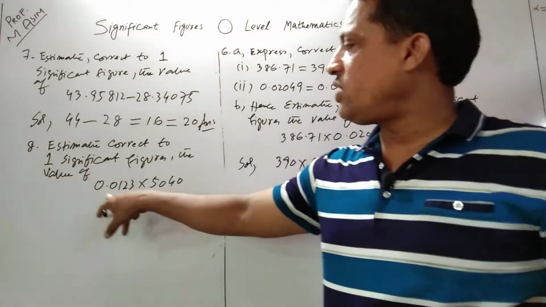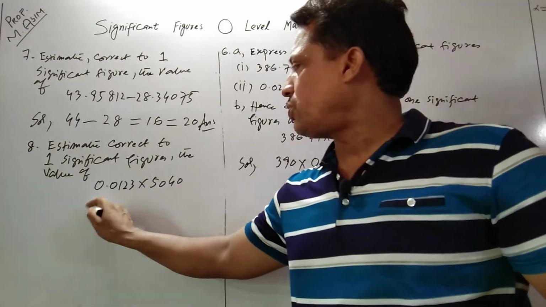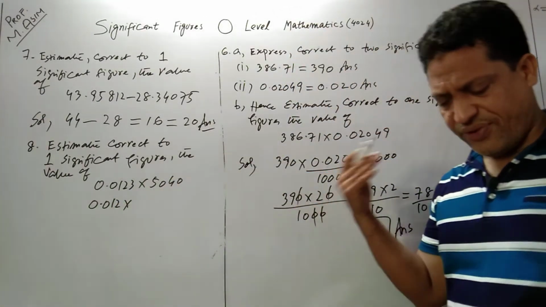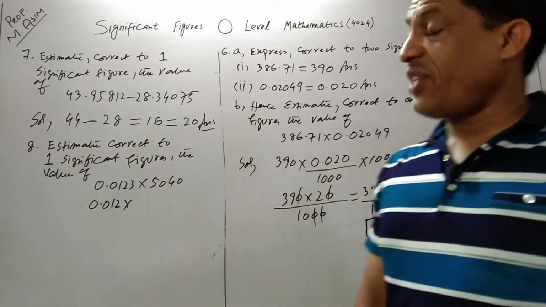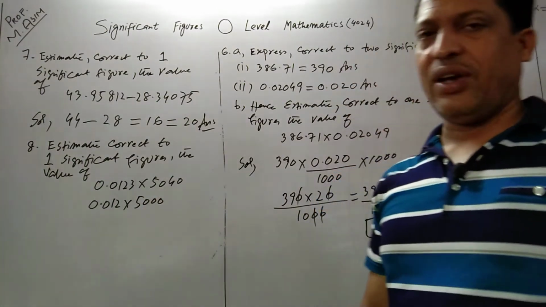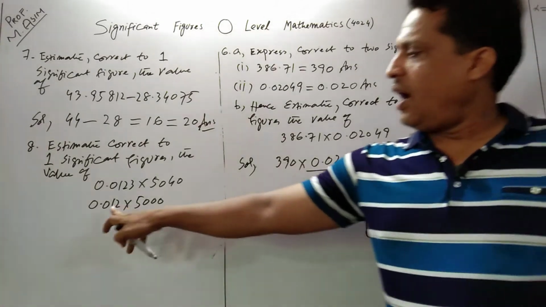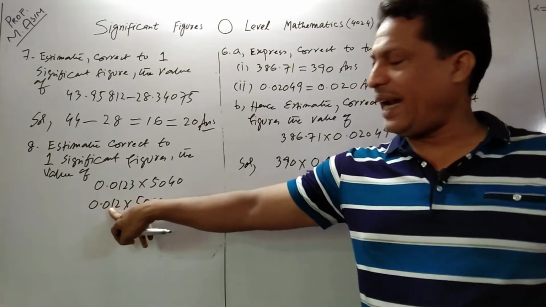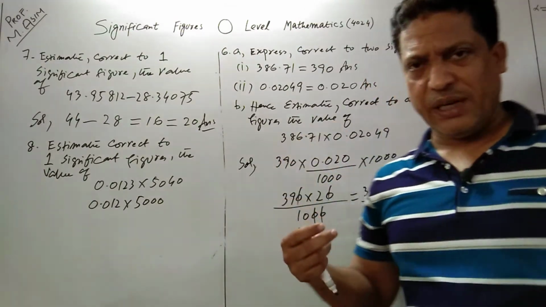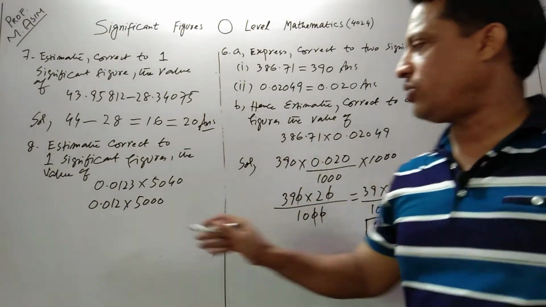So 0.0123 is closest to 0.012 and 5040 is closest to 5000. How much correct to? This is correct to 3 decimal places. So we must multiply and divide by 1000.